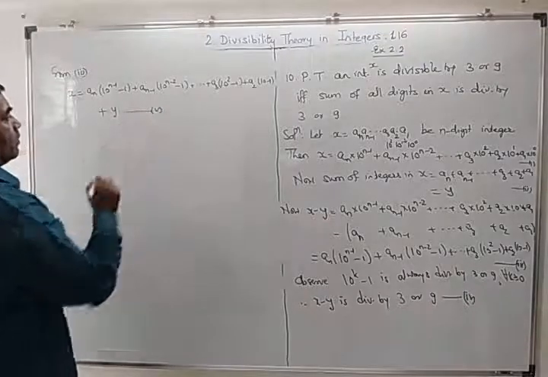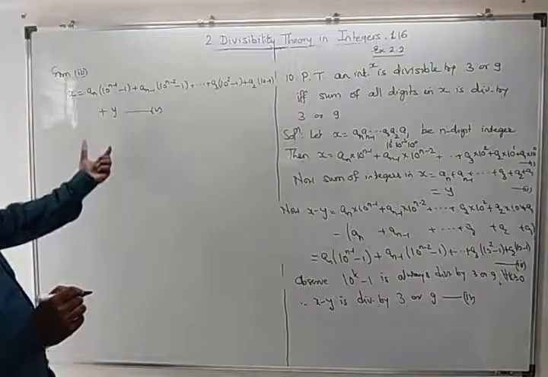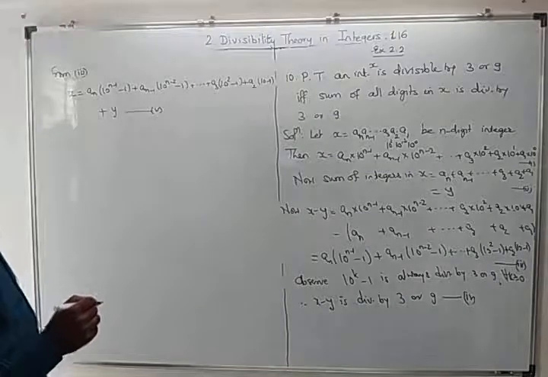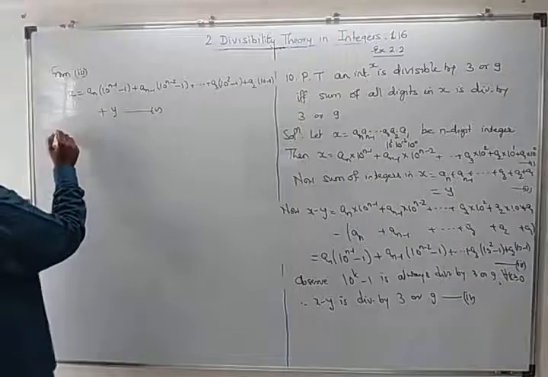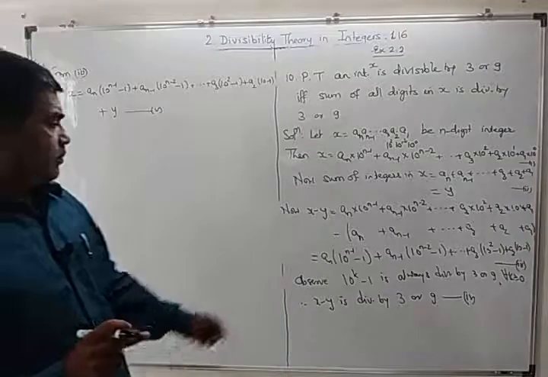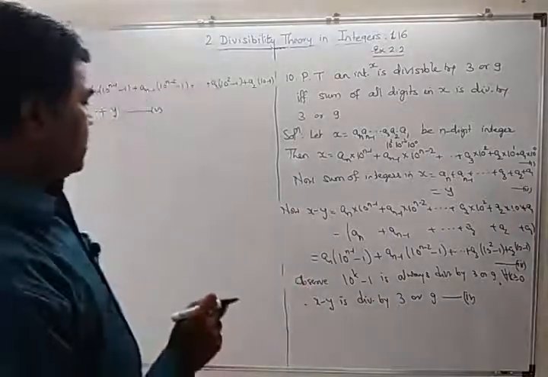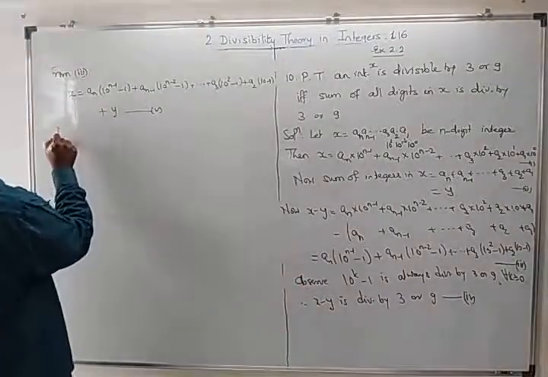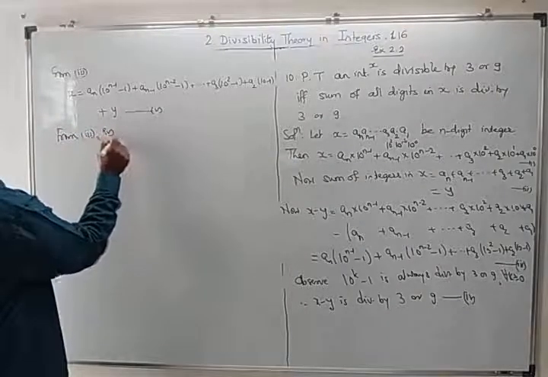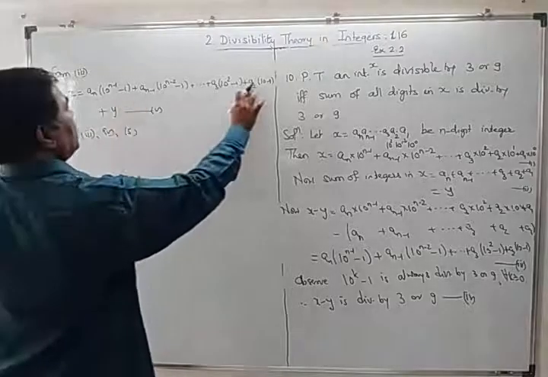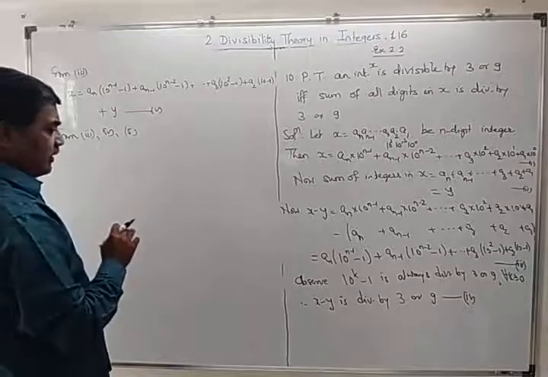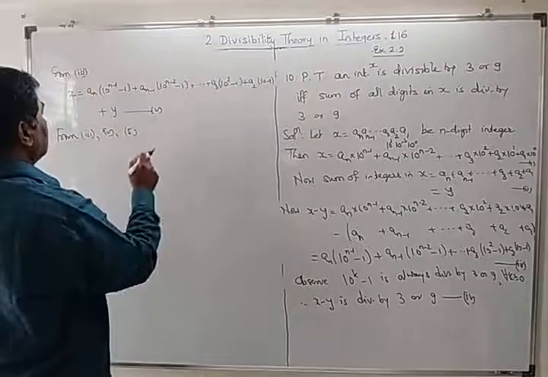Call this 5. From 3, 4, 5, see this is always divisible by 3 or 9. If y is also divisible by 3 or 9, then x is divisible by 3 or 9.